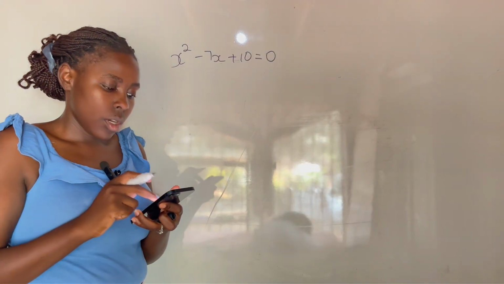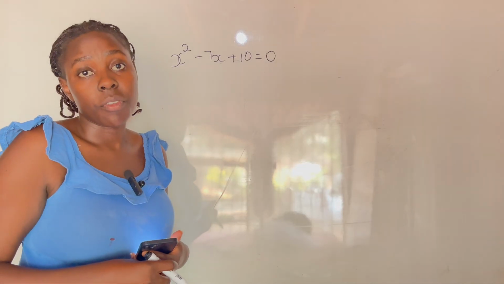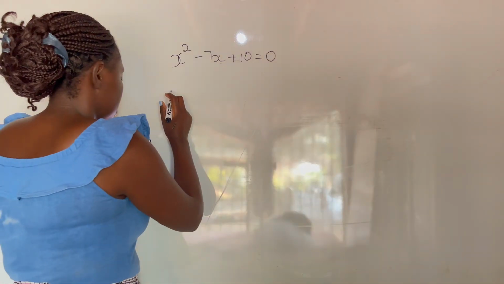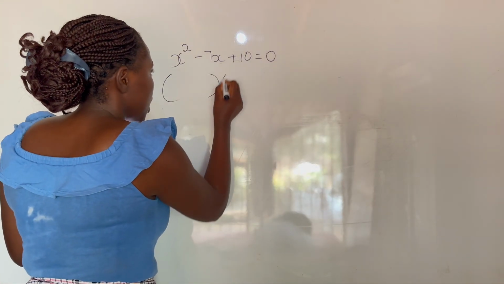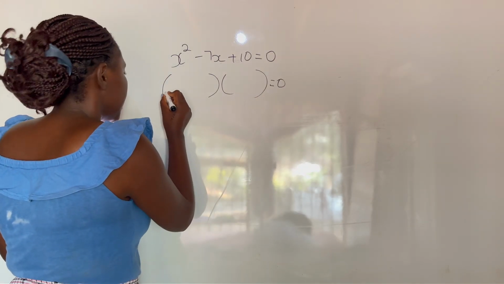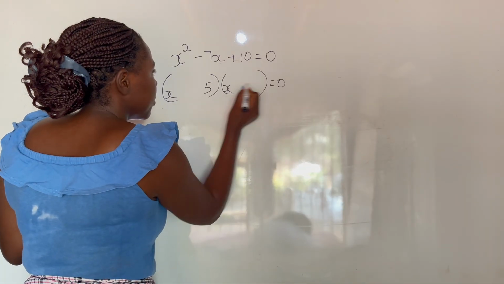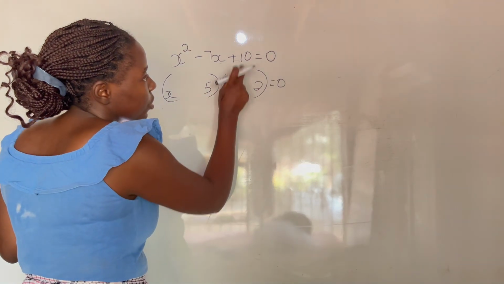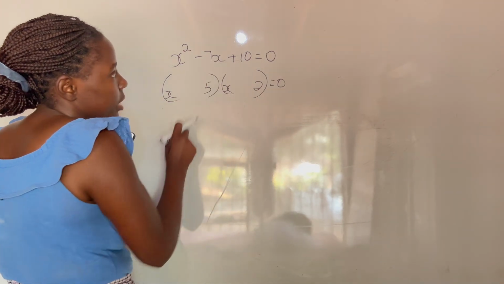So here what we're going to do is to solve for x using the method of factorization. We introduce our two brackets and equate them to 0. Then we write x and x here, 5 here and 2 here. 5 times 2 is 10, and 5 plus 2 is 7.